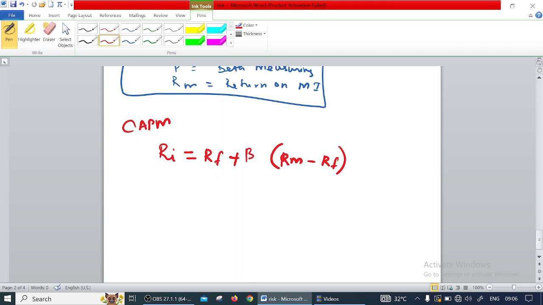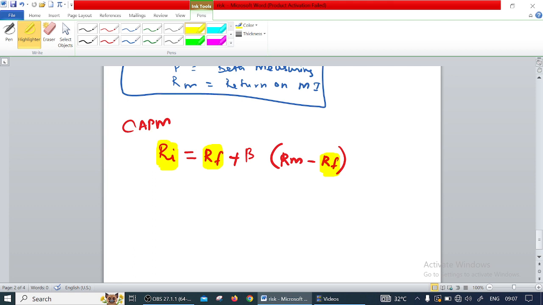Ri is the required return and Rf is the risk-free return. In India it is 3% or maximum 4% based on the treasury bill return. Treasury bills, government securities, bonds or any others we consider as the risk-free rate of return.